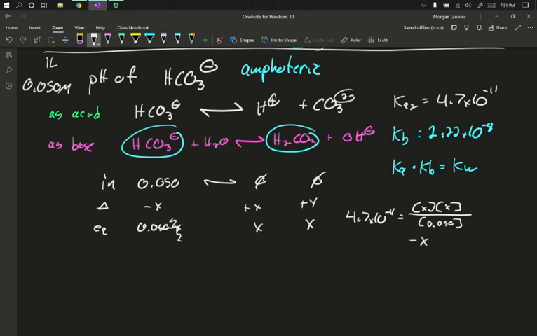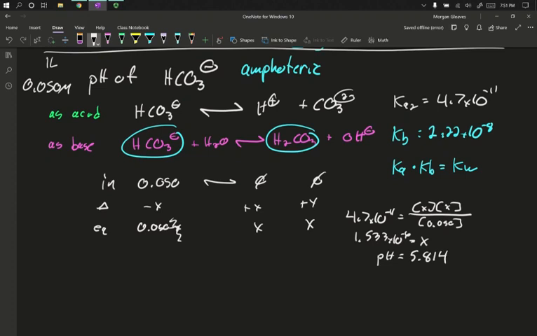Rearrange, solve for x. In this case, our x should be 1.533 times 10 to the minus 6, giving us a pH, when we take the negative log, of 5.814.